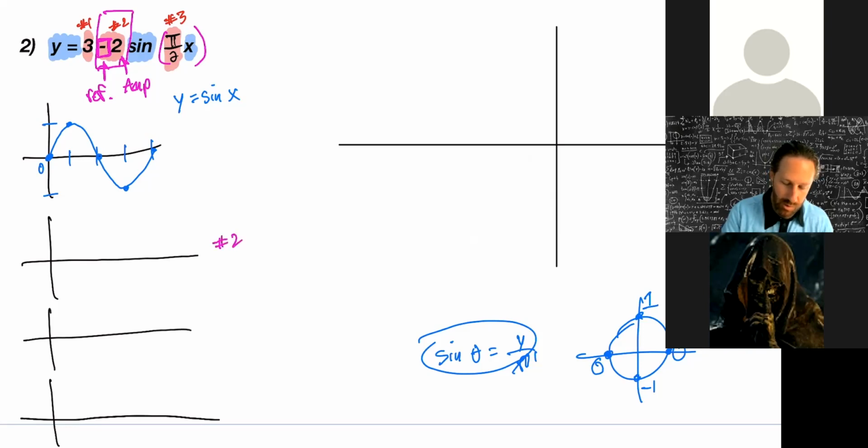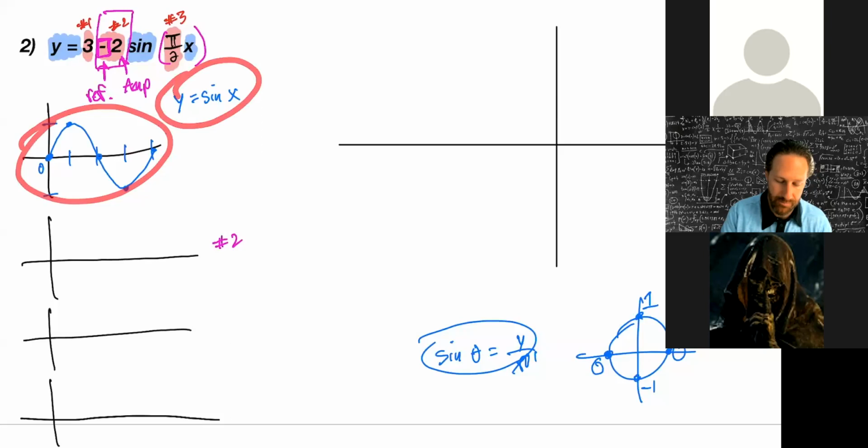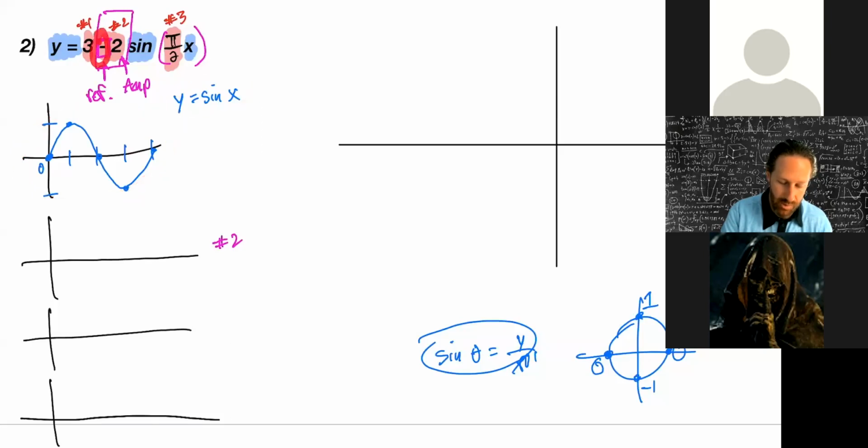How is number 2 going to affect our original graph? What is the negative going to do? And what is the 2 going to do? And like you said, Jake, we know it's going to be done to the y because it's not in there affecting the x. What does it say to do?